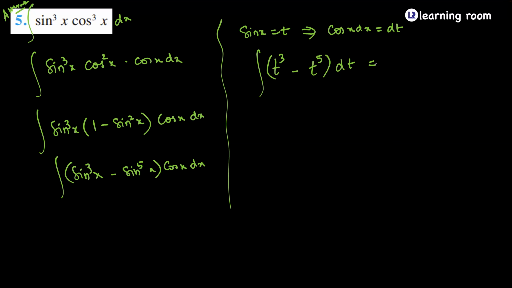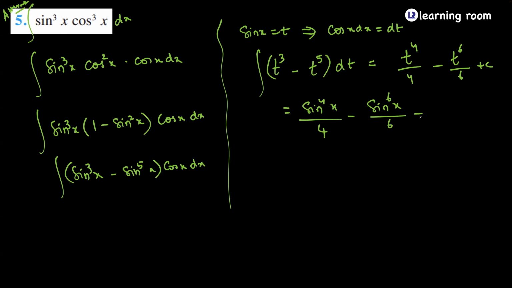So when you integrate it, integral of t power 3 is going to be t power 4 by 4 minus integral of t power 5, which will be t power 6 by 6 plus c. So this can also be written as, what did you substitute as t? You substituted sin x as t. So it is going to be sin power 4x divided by 4 minus sin power 6x divided by 6 plus c.